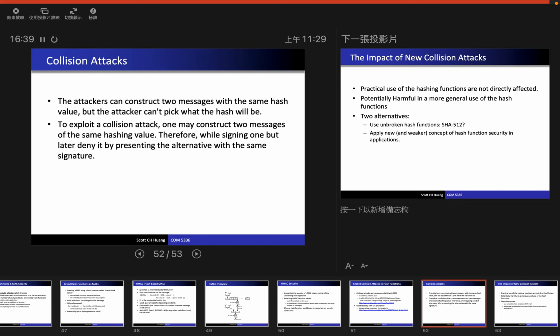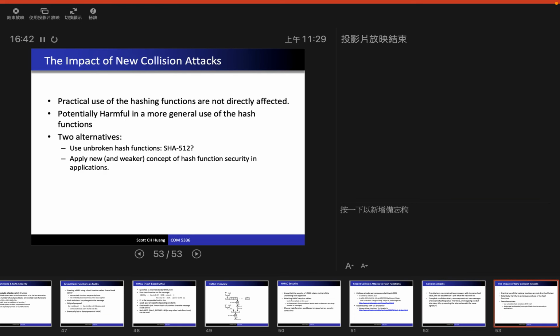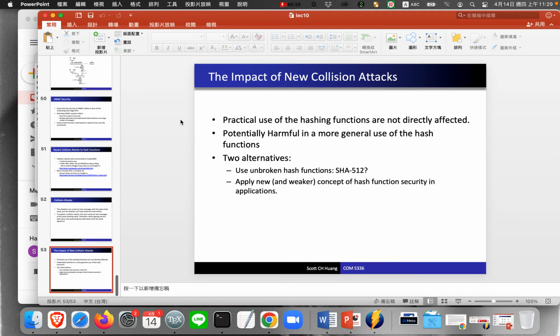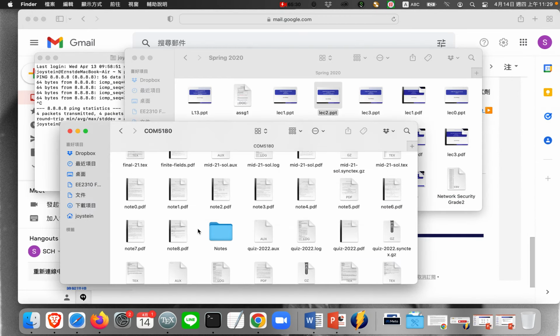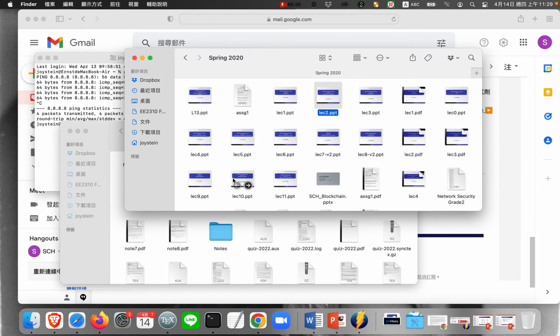That's also a chosen-plaintext collision attack. So far that's the weakest link.